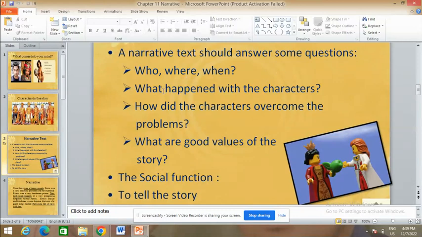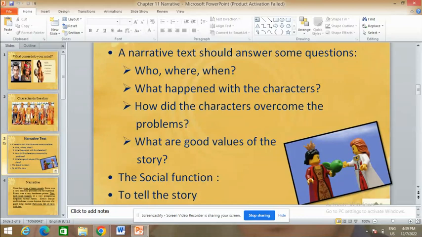Then what happened with the characters, it also talks about the complication. Then how did the characters overcome the problems? This could be said to be the resolution.